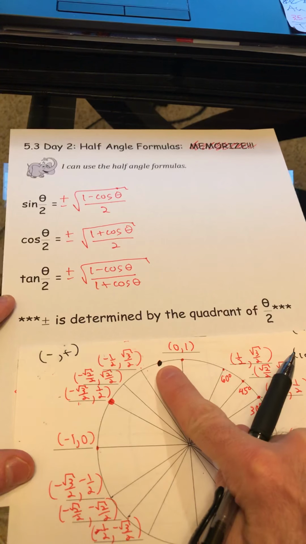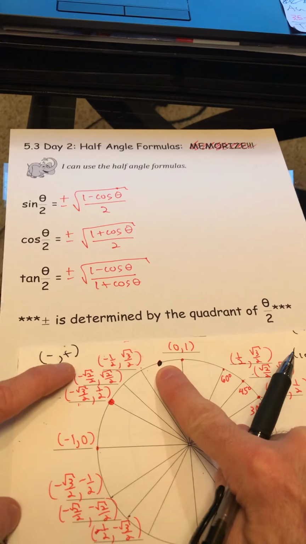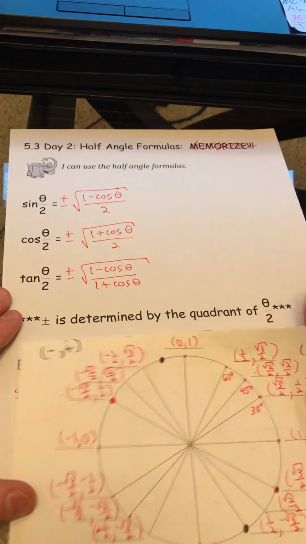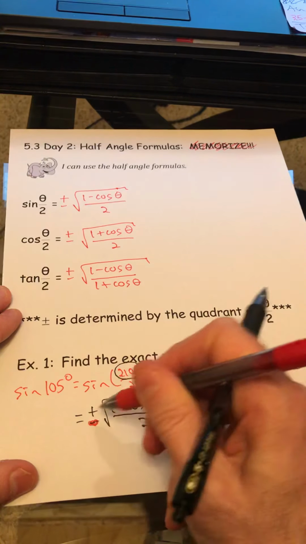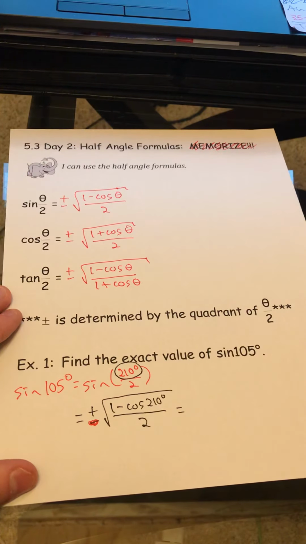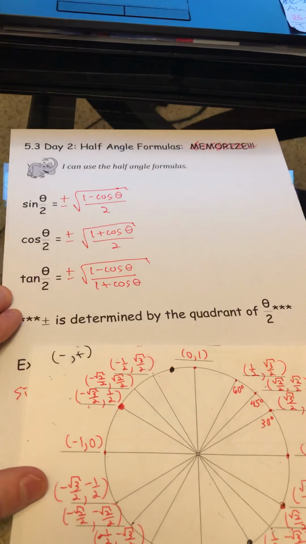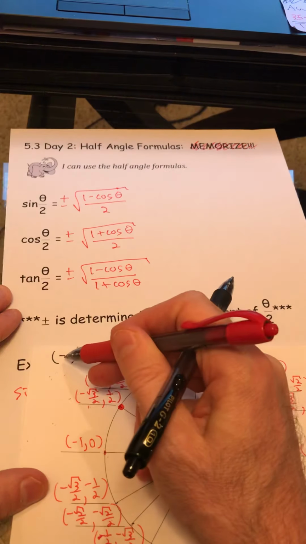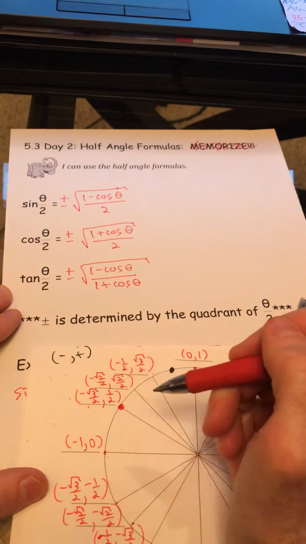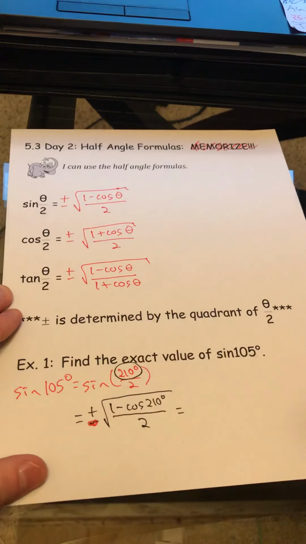Well, knowing that sine is our y value, in quadrant 2 our y values are positive. So of the plus or minus, we need positive. If we were actually working with the cosine of 105, that's where you would actually take the negative, because in quadrant 2, cosine would have been negative. So that's kind of a way to mention whether it's positive, whether it's negative.